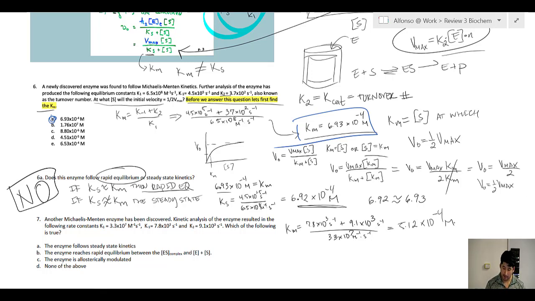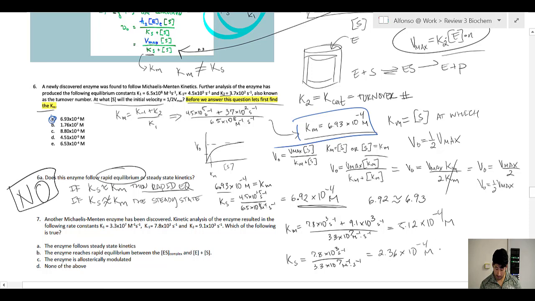So that's our Km. Let's calculate the Ks now. Ks is equal to 7.8 times 10 to the third inverse seconds over 3.3 times 10 to the 7th inverse molar inverse seconds. So when you divide those two numbers, you should get 2.36 times 10 to the negative 4th molar.